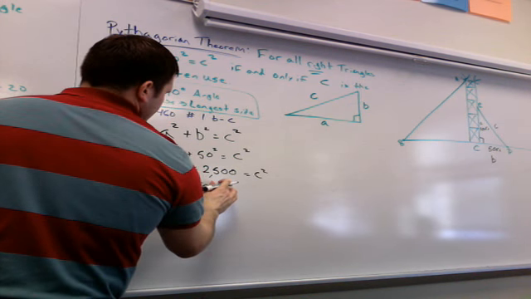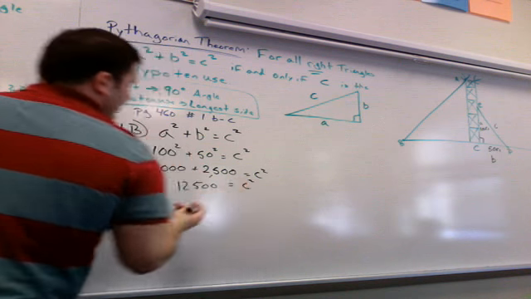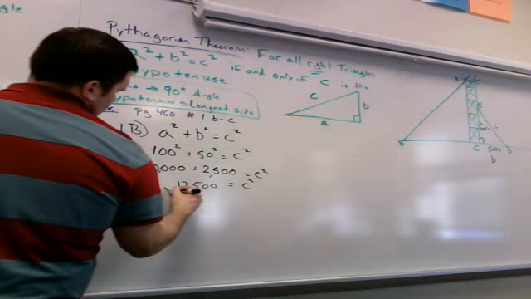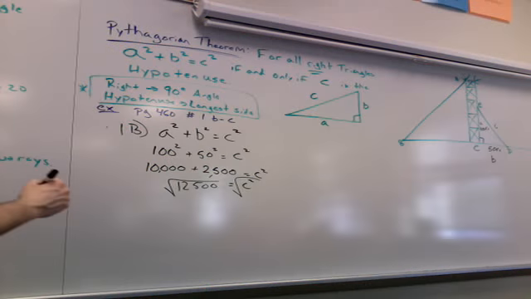Oh, that's too much. 125,000. So make sure we have zeros in the right spot. Okay. So now I have 12,500 equals c squared. Whenever I have something squared, how do I get rid of the squared? What is it? Square root. We square root both sides. The square root of 12,500 is, Doug?